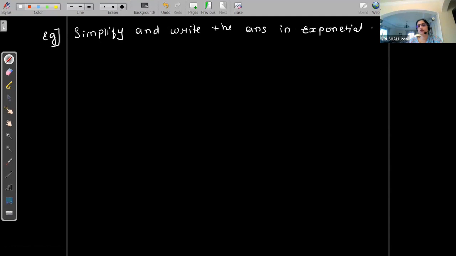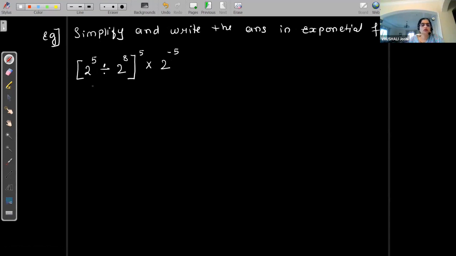You can leave it in power form. Now, this is equal to 2 to the power 5 divided by 2 to the power 8, the whole raised to 5, multiplied by 2 to the power 5.